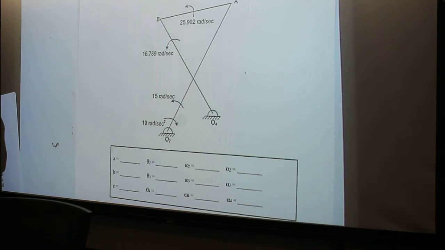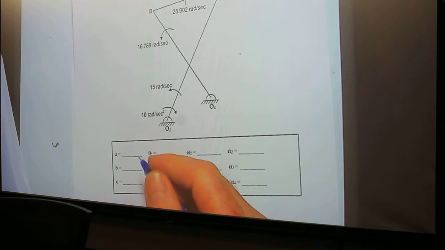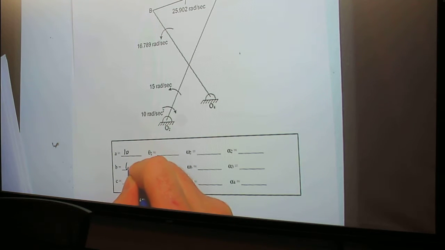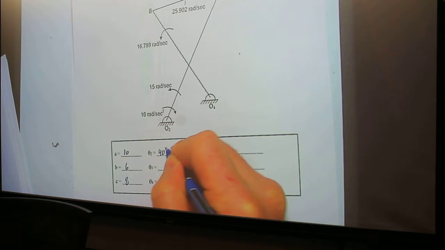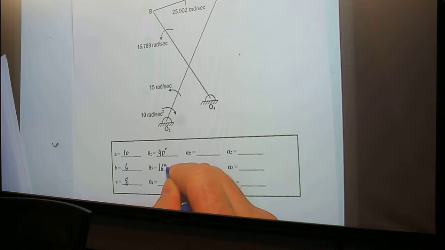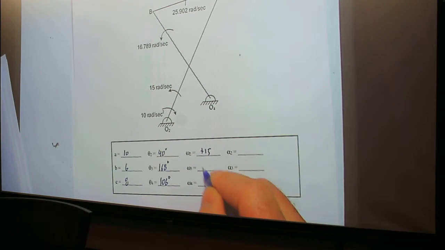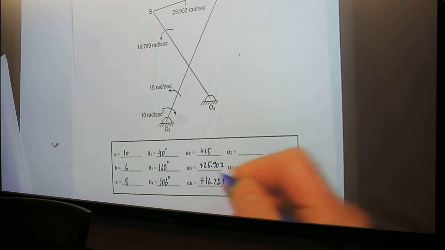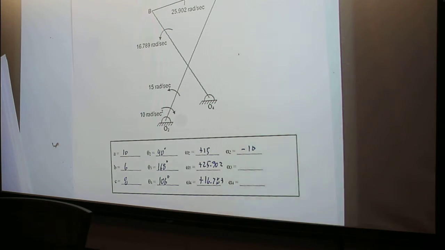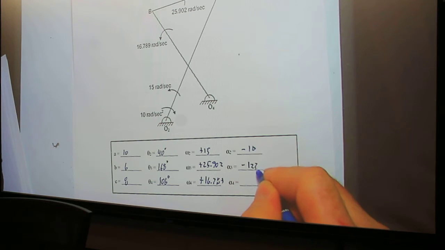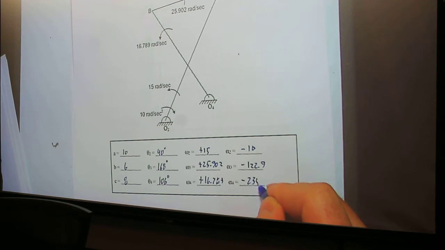So on this one here, this one was 10, 6, 8, 40 degrees, 168, 106 degrees, plus 15, plus 25.902, plus 16.789, minus 10, and if you use all these values, you get something that's close to minus 122.9 and minus 235.3.